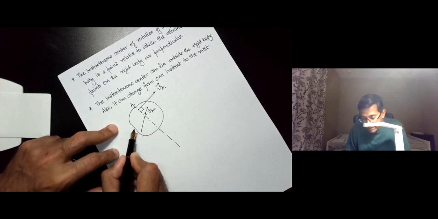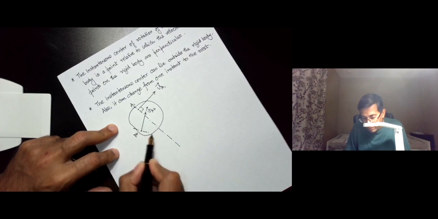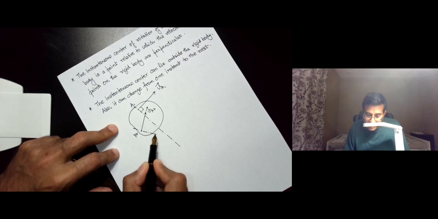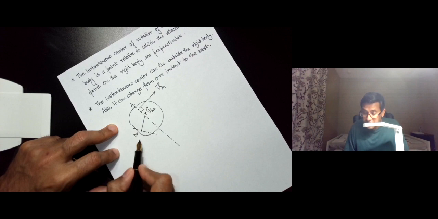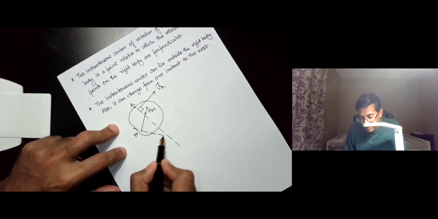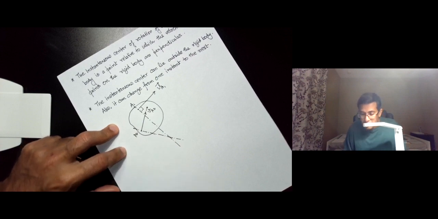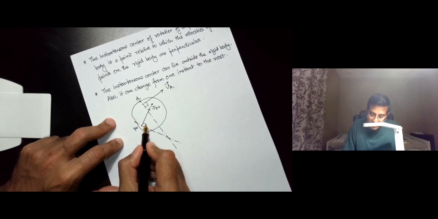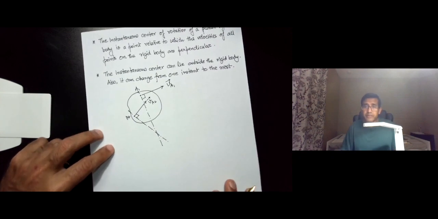So the instantaneous center of rotation of the rigid body is going to be, according to our definition, always on a line that is perpendicular to the velocity at a certain point. So the instantaneous center is going to be on this line. Again, this line is perpendicular.